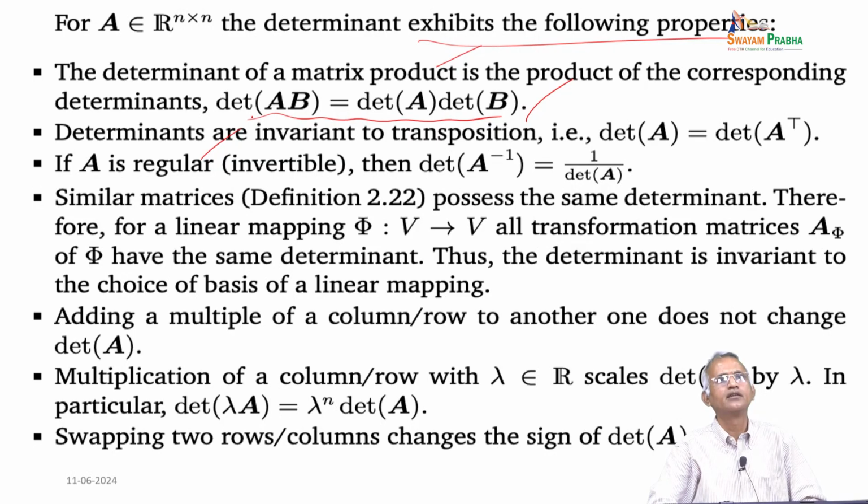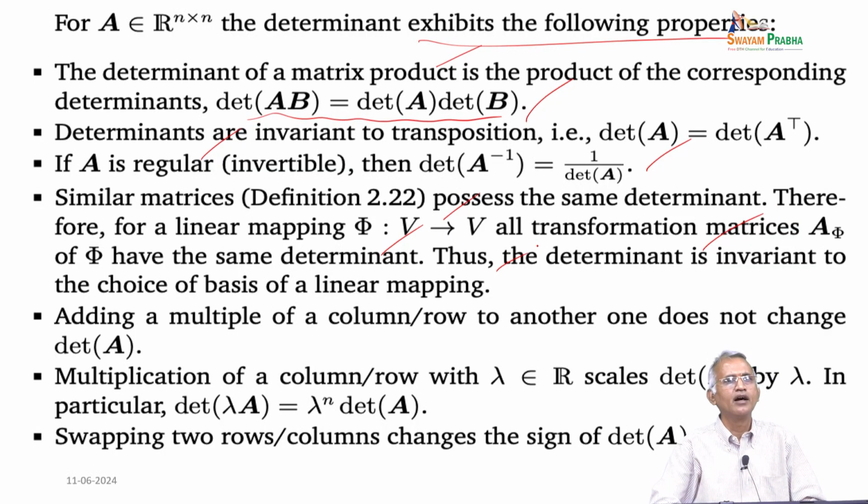If A is regular, then determinant of A inverse equals 1 by determinant of A. If matrices are similar, they possess the same determinant. Therefore, for a linear mapping phi from V to V, all transformation matrices A_phi of phi have the same determinant. Thus, the determinant is invariant to the choice of basis of the linear mapping.